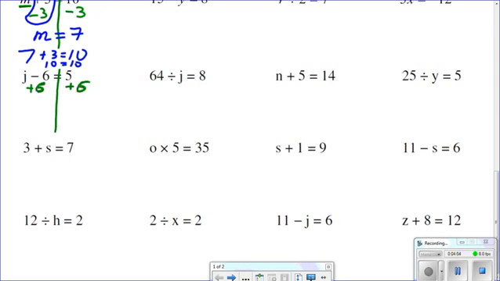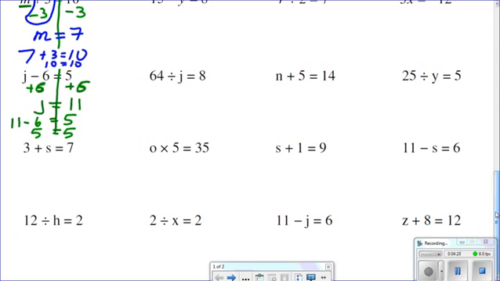So negative 6 and positive 6, opposite integers, cancel each other out. So then j equals 5 plus 6, j equals 11. To double check, 11 take away 6 should equal 5, and it does. So it cancels out, it checks out. Okay, so those are some adding and subtracting examples.